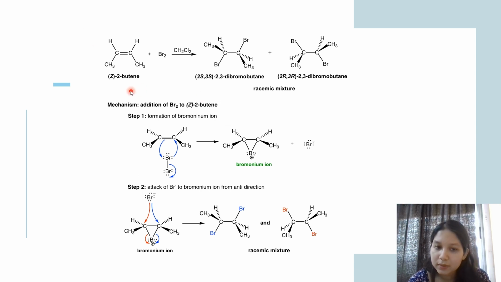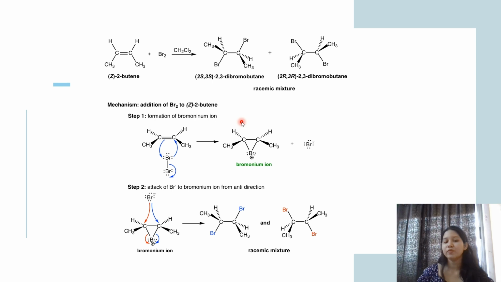So when you subject cis-2-butene to react with bromine in presence of some solvent, you get basically two different types of product. How?